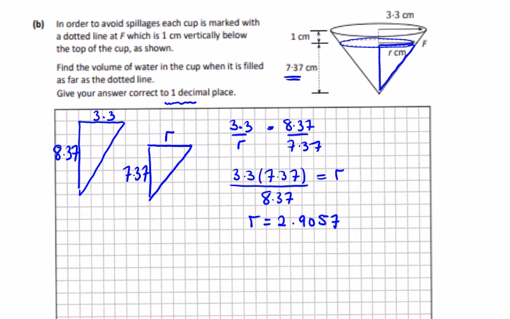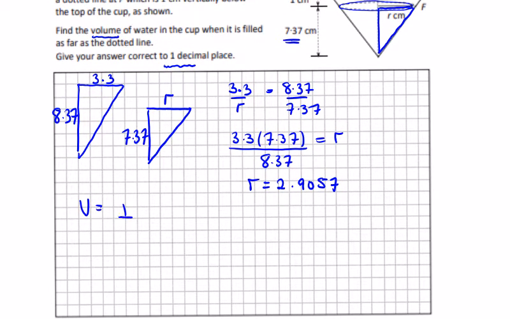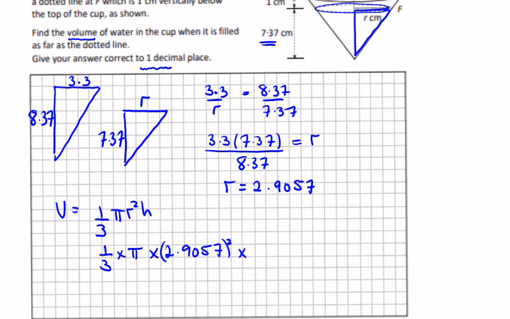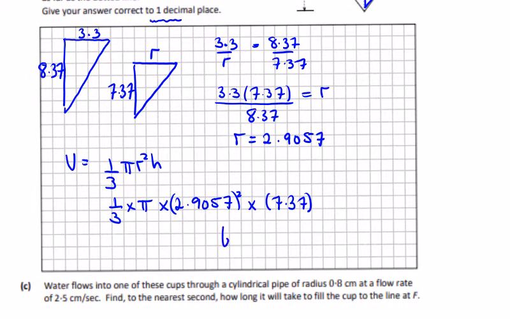So we're asked to find the volume of water. So we're going back to our volume formula now. So the volume of water, volume is equal to 1/3 pi R squared H. So we've got a third times pi times 2.9057 squared times the height, which is 7.37, and that is going to give an answer of just over 65. 1 decimal place, 65.2.